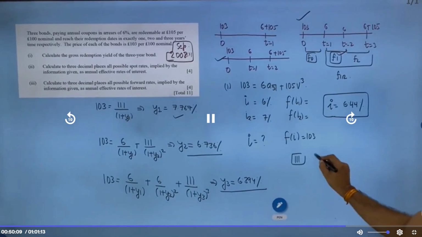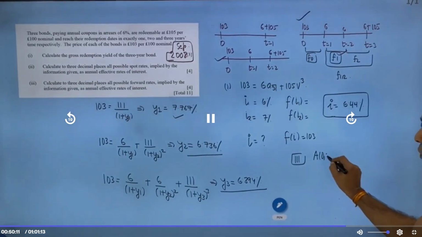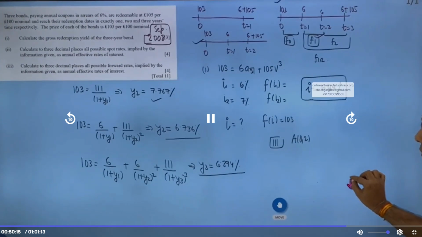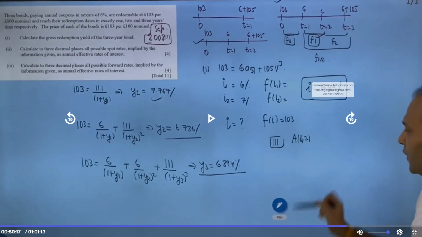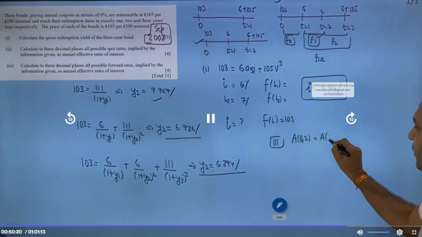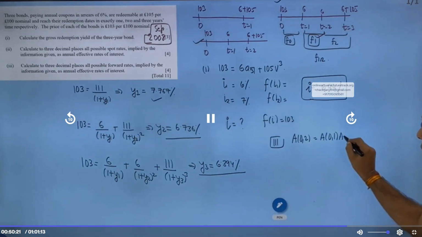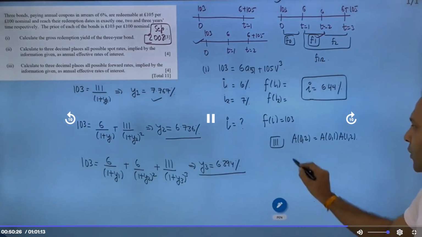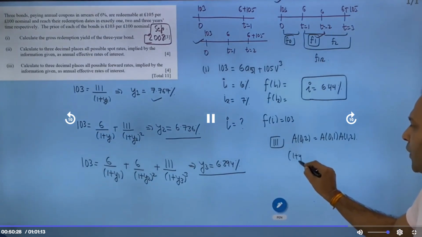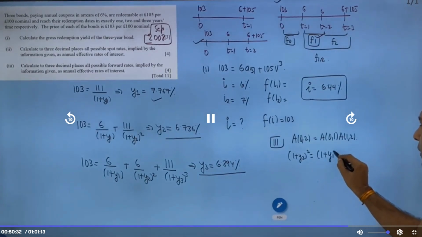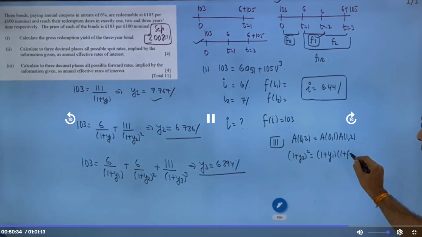So class, accumulation from 0 to 2 is equivalent to accumulation from 0 to 1 and 1 to 2, right? So class, (1 plus y2) squared is equal to (1 plus y1) into (1 plus f1).